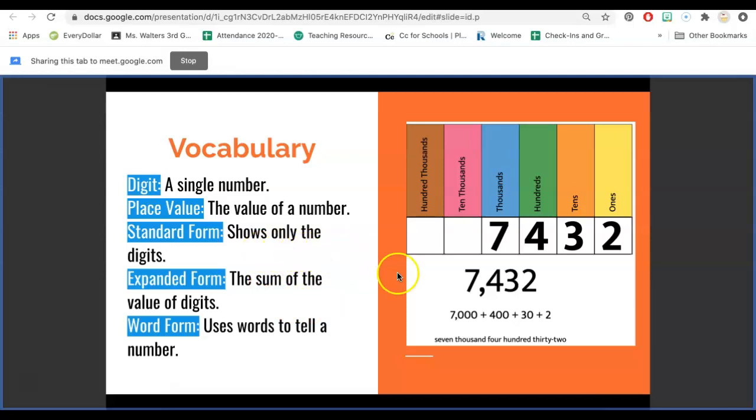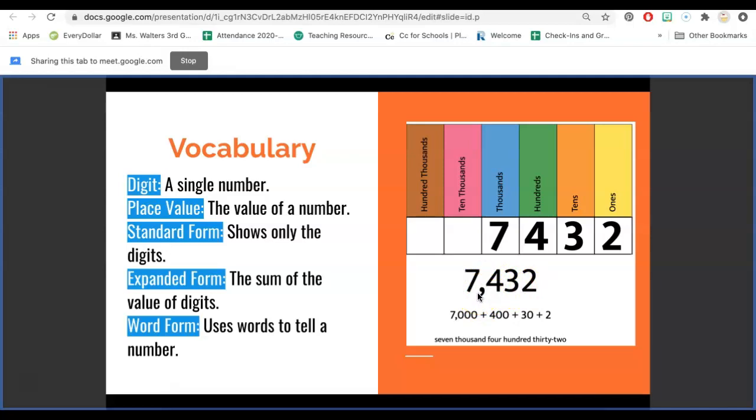Standard form shows only the digits. So this is what standard form looks like. And when we are working in the thousands, we always put a comma after the thousands: 7,432.